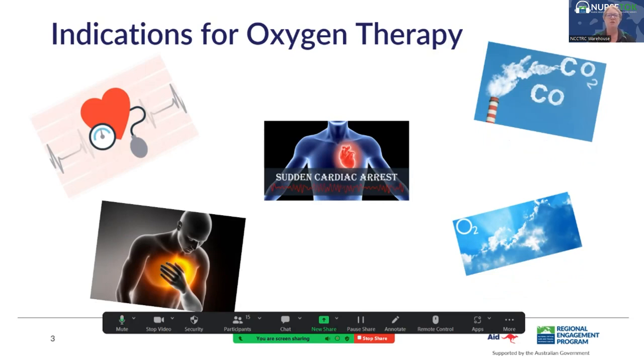So for those of you who don't know, your type 1 respiratory failure is where you have a failure to oxygenate. So where you have low oxygen saturations. Type 2 respiratory failure is where you have high carbon dioxide levels, so failure to ventilate.